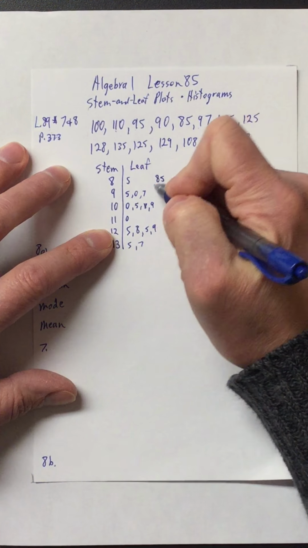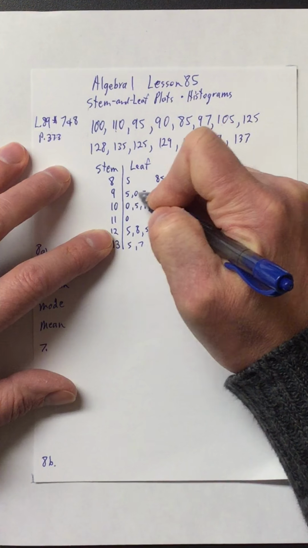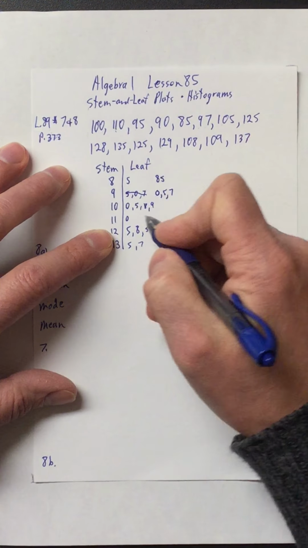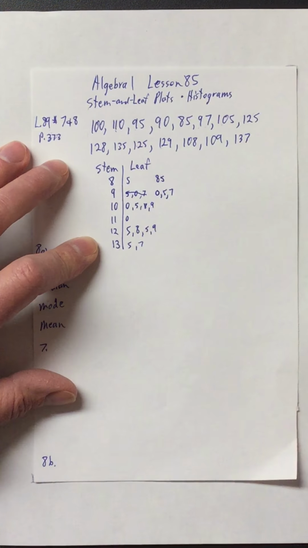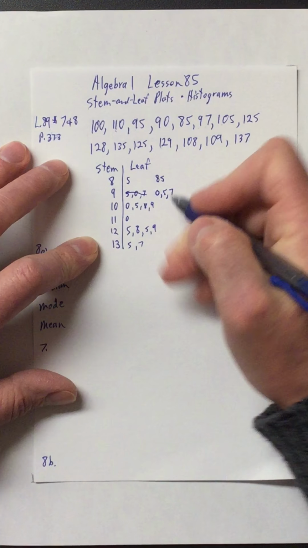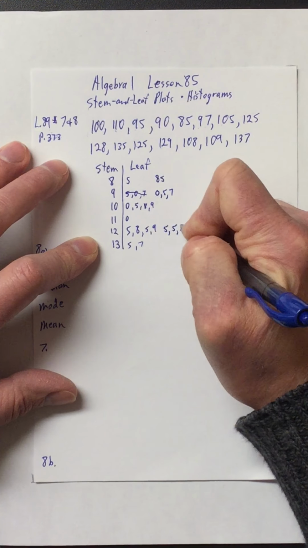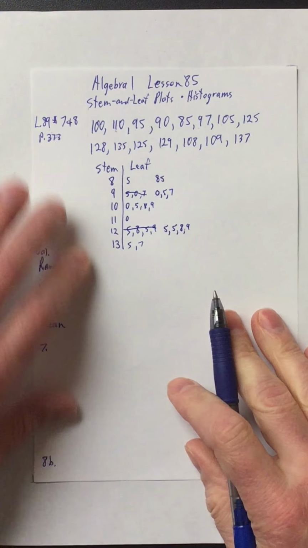Putting these in order, we rewrite it as 0, 5, 7. These are already in order, 0, 5, 8, 9. Don't have to do anything with that. This one's only one. This one I'm going to rewrite as 5, 5, 8, 9 to put it into numerical order. And then this one's already there.